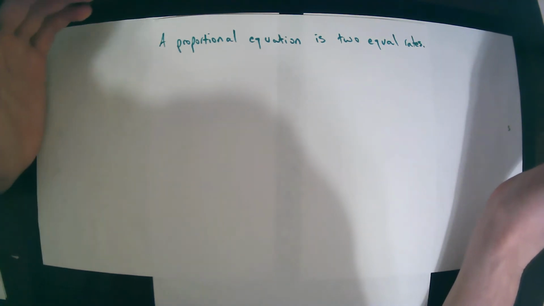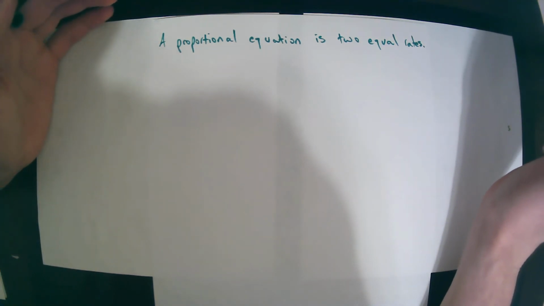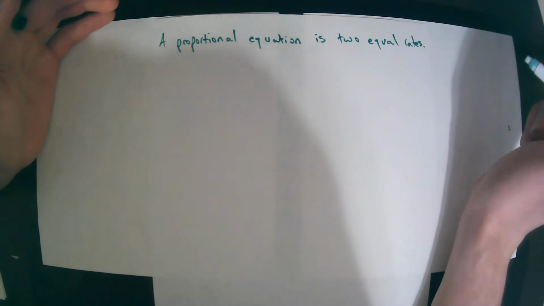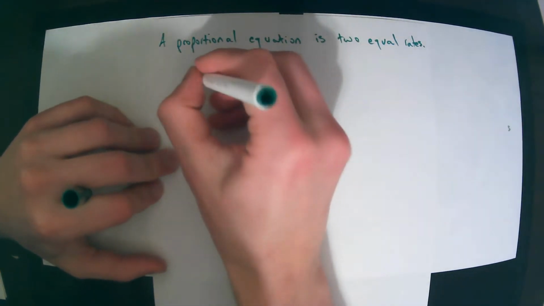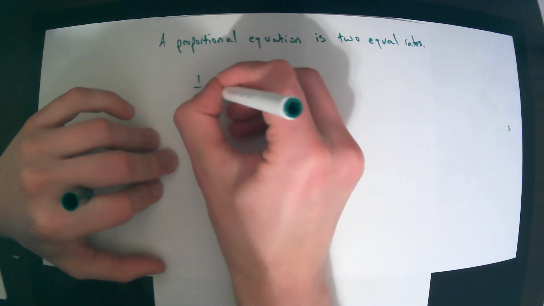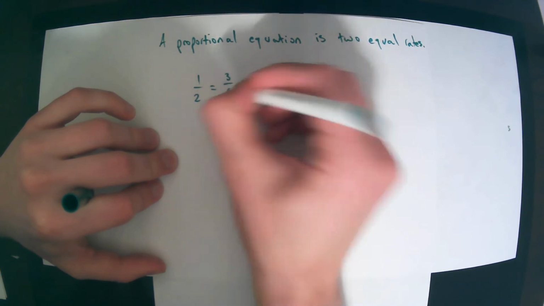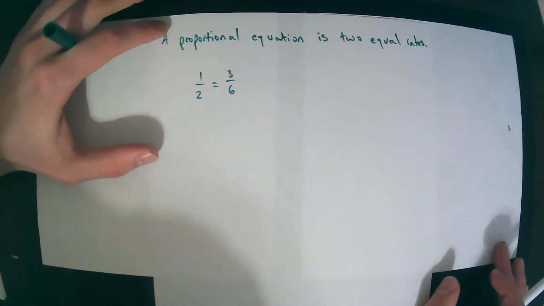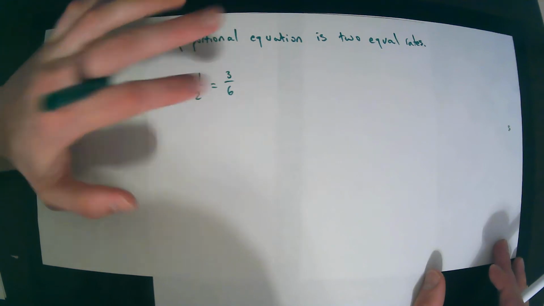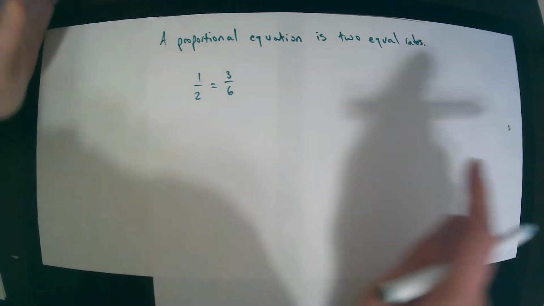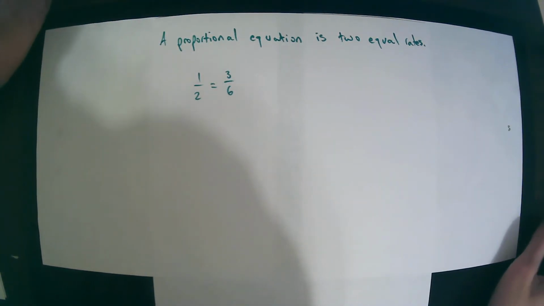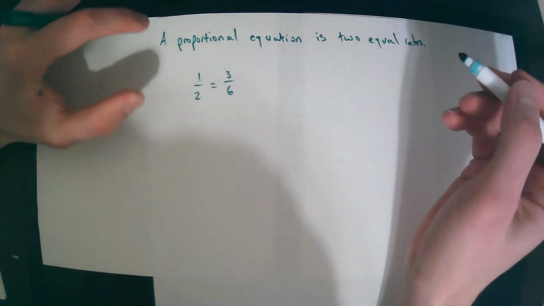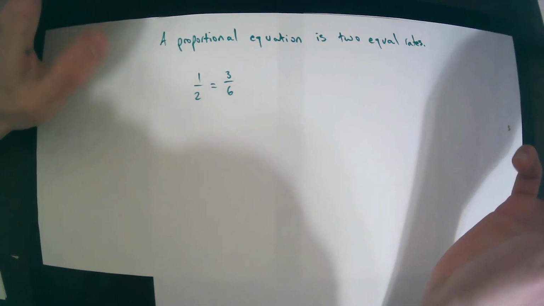And typically where proportions are useful is when the two fractions are rates. But an example of a proportion that's not a rate, where neither of the fractions is necessarily a rate because there's no measurements attached, is this: 1/2 is equal to 3/6. That's a proportional equation. Now, of course, we're going to be looking at things with units attached.